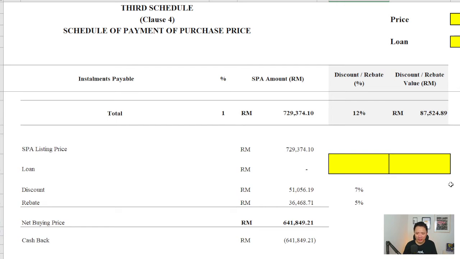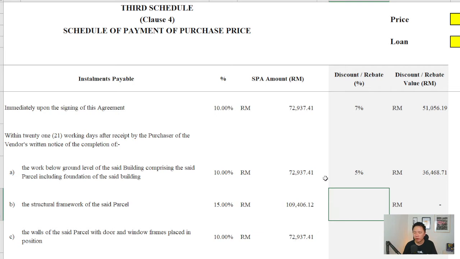Okay, if you're buying cash, it means the SPA listed price is 729, the discount is 51,000, and then the rebate is around 36. So your net purchase price is 641. Okay, this is easy to understand, very straightforward. What if you are getting a loan?